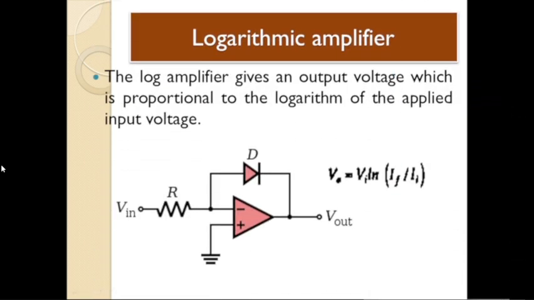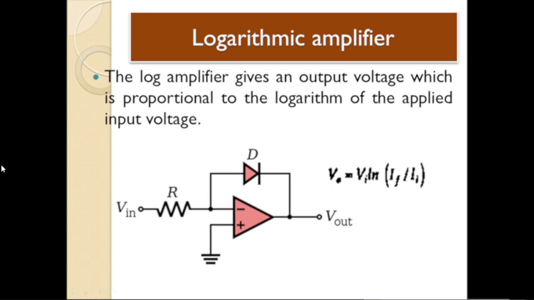So the logarithmic amplifier: the log amplifier gives an output voltage which is proportional to the logarithm of the applied input voltage. In this circuit we can see the feedback circuit is replaced with a diode. In case of the integrator and differentiator we use a capacitor.